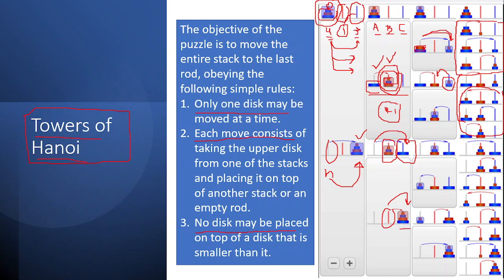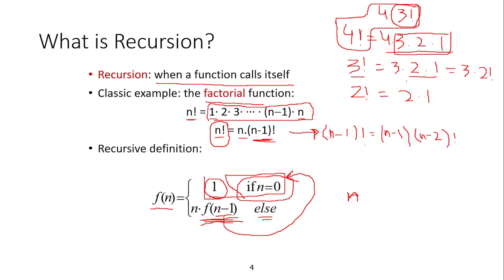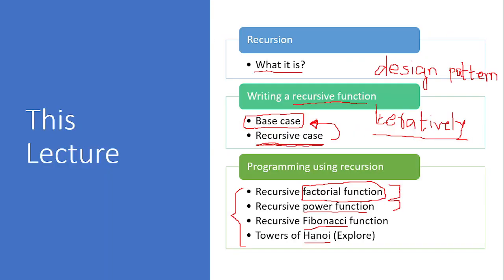But ये जो हमने problems solve किए हैं, they basically are examples of the power of this technique recursion, through which you can solve very simple as well as very complicated problems very easily, ठीक है। So Towers of Hanoi is a very complicated problem or puzzle to solve iteratively.